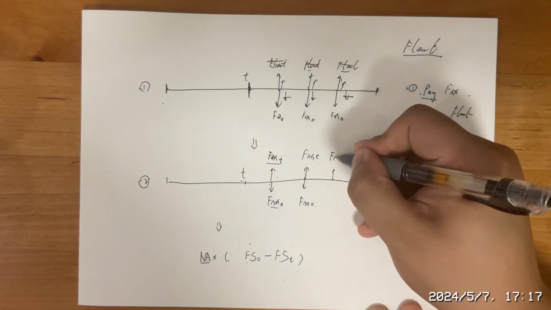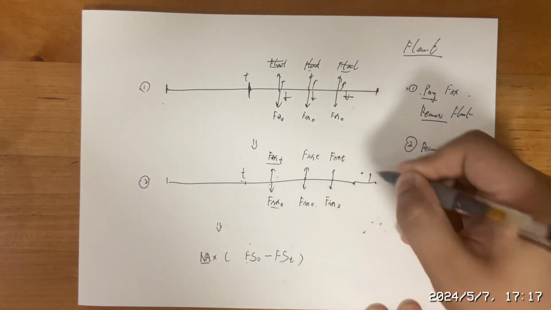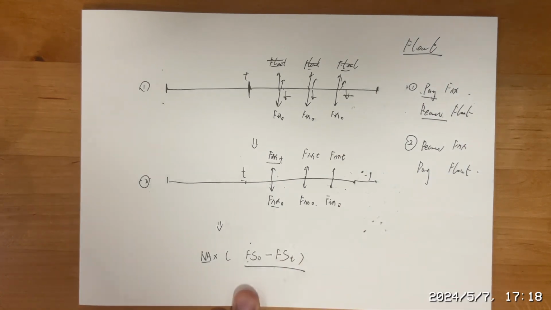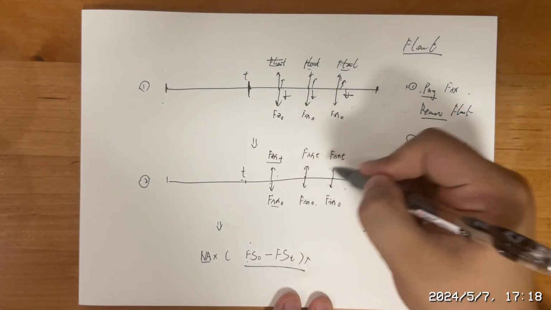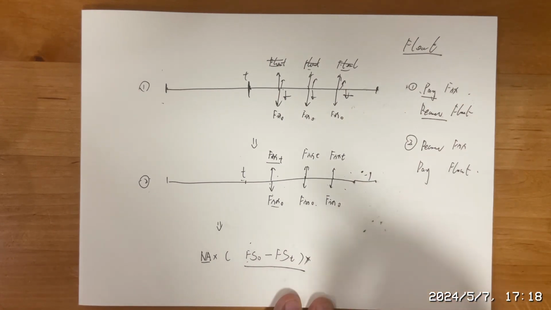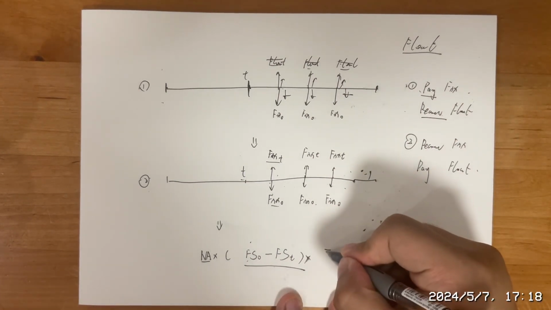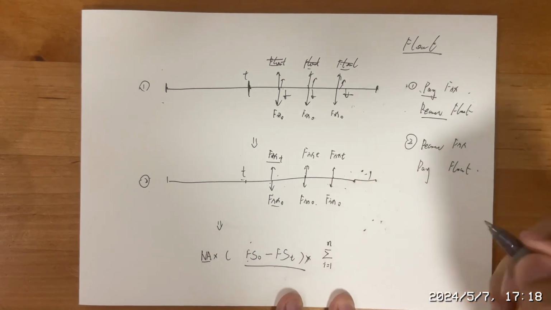So we have fixed t as well as fixed 0 all the way. You subtract that, but you need to sum it up. This is every time's difference when you enter this offsetting contract. Then you use the summation all the way from i to n.